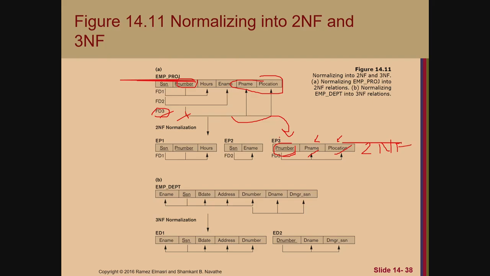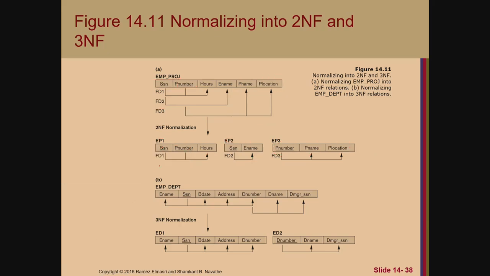Okay. How about EP2? This relation. Okay, the non-prime attribute depends on the whole key, just one attribute. So this one also passes the second normal form. And the EP1, we have two attributes as the key, and ours here depends on the whole key, both of them. So this one also satisfies the second normal form.